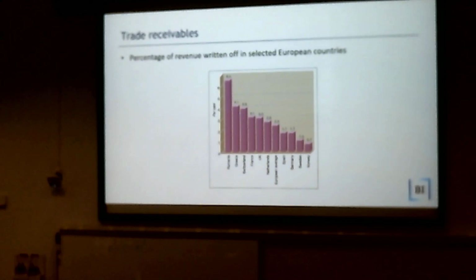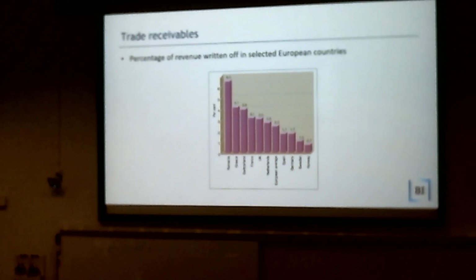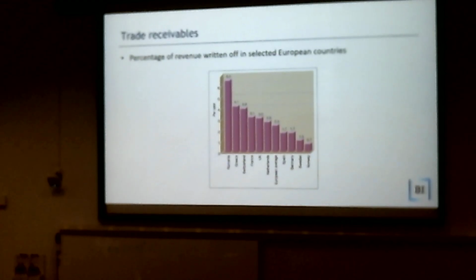However, there are countries, Greece, Romania, for example, where this happens way more often, and that's why firms located there need to take this into consideration when they set up their financial statements. When I looked at these numbers, I was surprised by Switzerland, because I would have guessed that they are very reliable, but somehow they seem not to be.